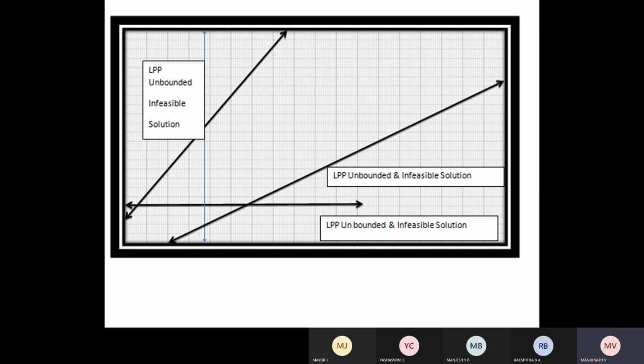I am giving you several possibilities of LPP: unbounded and infeasible solutions.